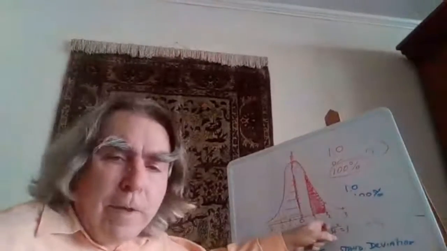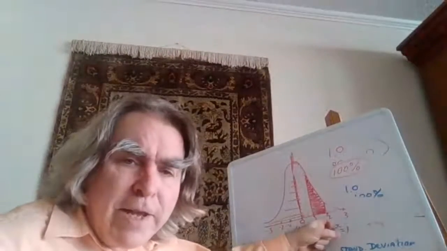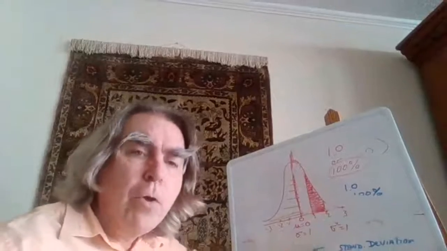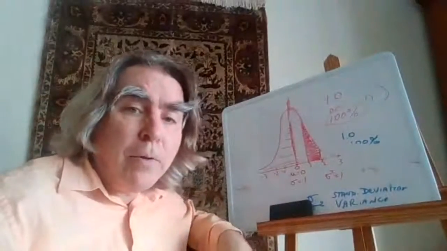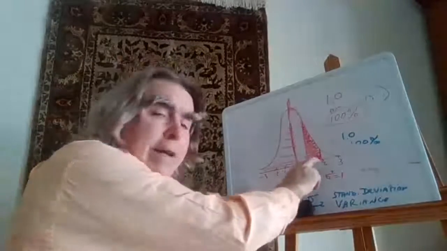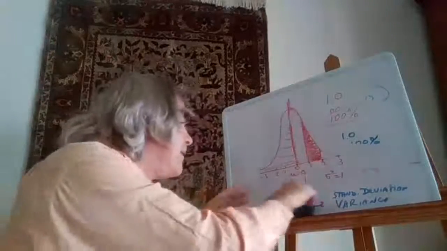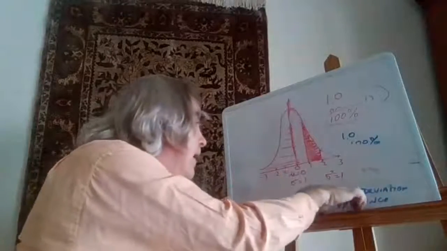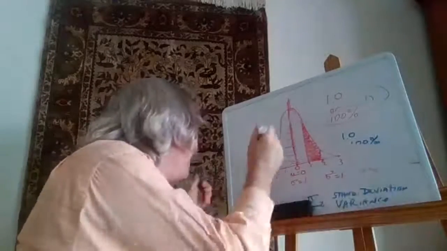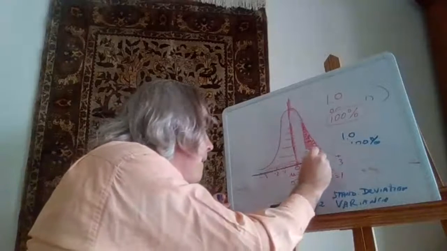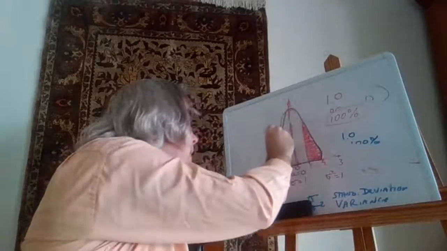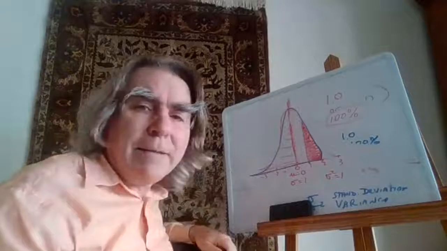All right, so we were looking for this shaded area. Notice the table did not give us a shaded area like that. What did it give us? It gave us an area that looked like that, right?